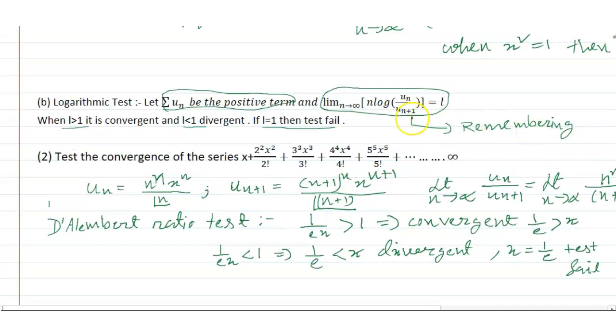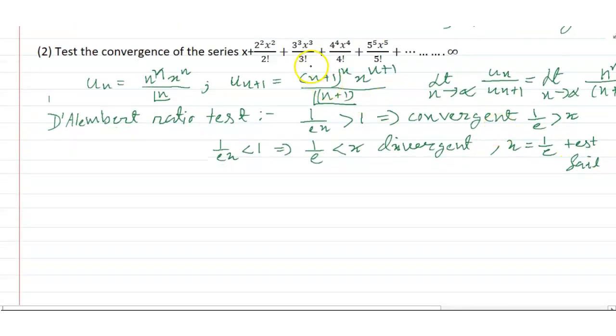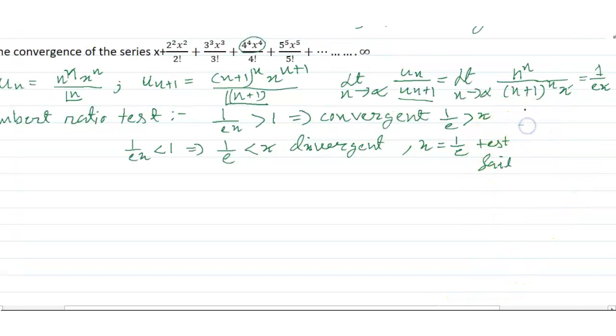If I use this logarithmic formula, then I can easily find out, as the series is a power series. So how can I get this formula? How can I use it? We have already known that u_n divided by u_{n+1} is equal to n^n divided by (n+1)^n times x.